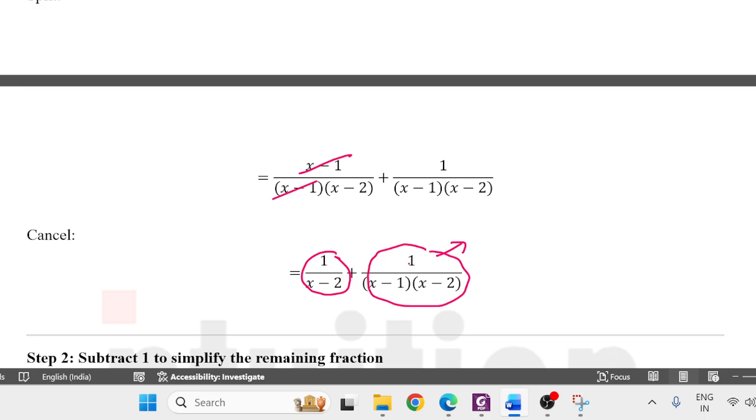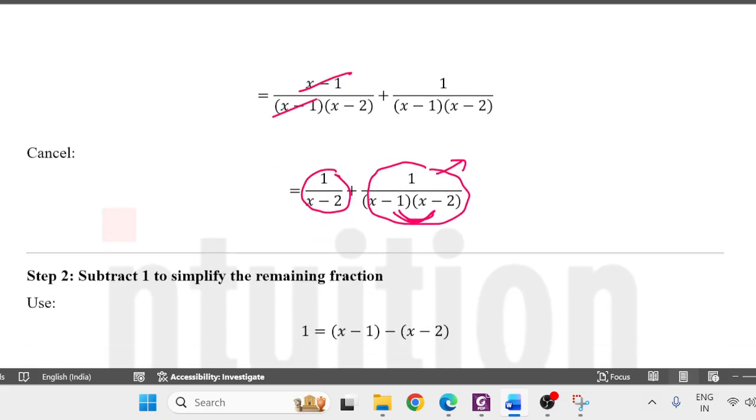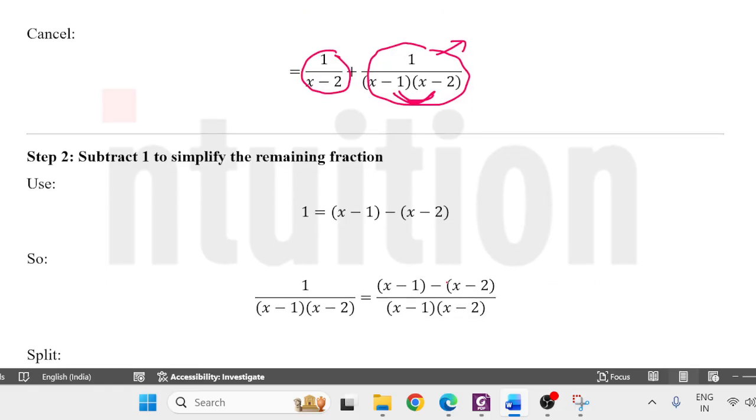Pause. Think. So again the numerator, we have to write the numerator in terms of the denominator, these two terms, isn't it? So the idea is x minus 1 is there and x minus 2 is there. So you need to subtract in such a way that the resultant comes to 1.